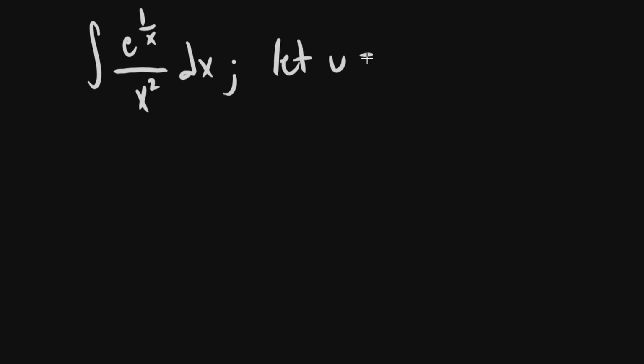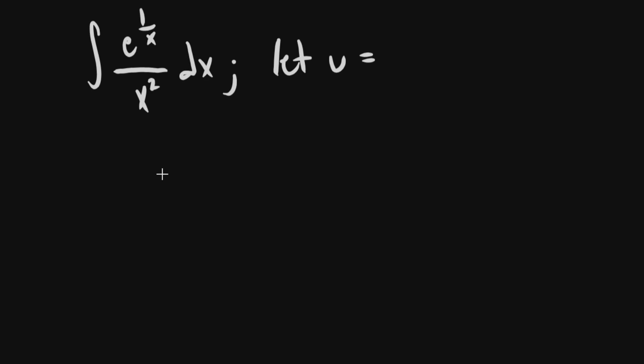Next is the integral of e raised to 1 over x, all over x squared dx. So here we have the dx, therefore we should integrate the x. When dealing with this certain type of problem, you just need to use the substitution method, which is, you need to find anything here in the equation that you should let u.